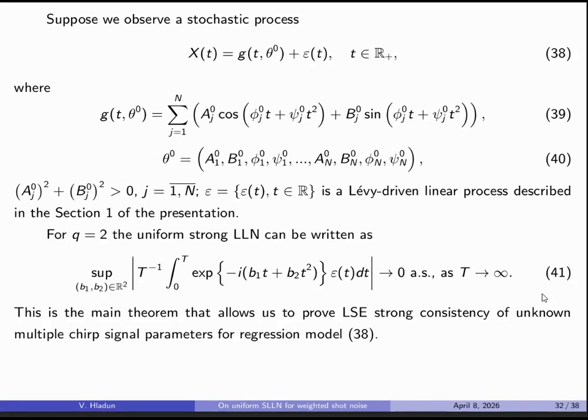The limiting process is Gaussian, but for the least squares estimator, it is centered. The expectation of the limiting process is 0. For the periodogram, it is non-zero.